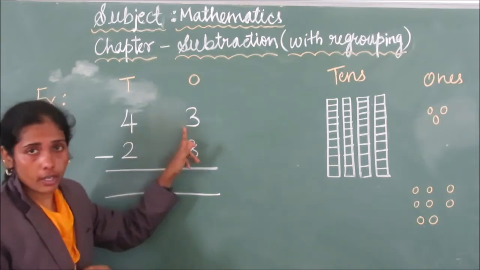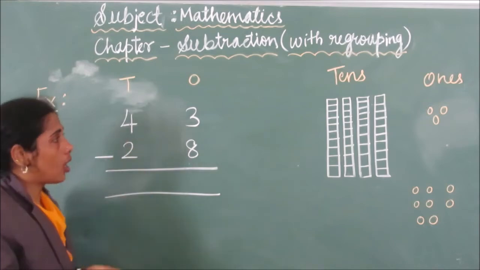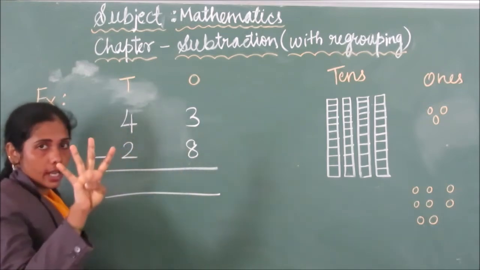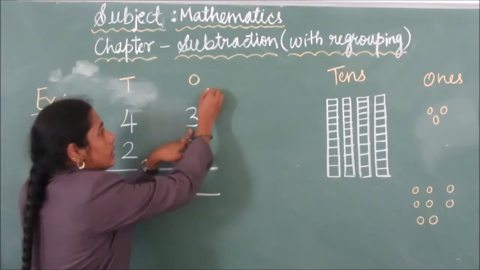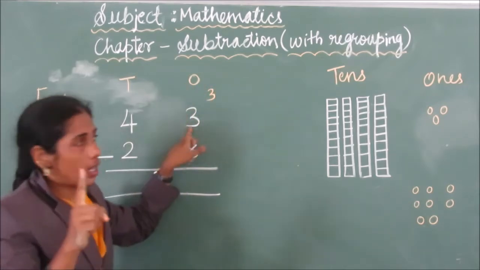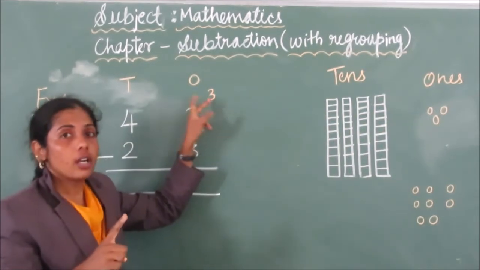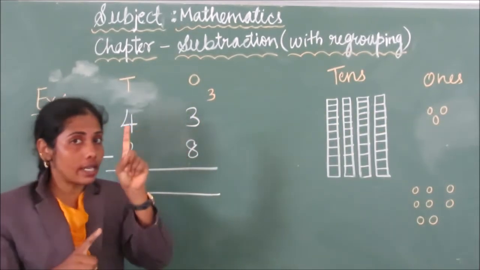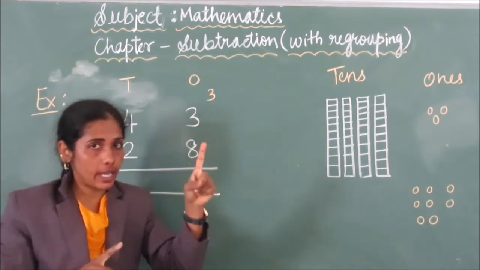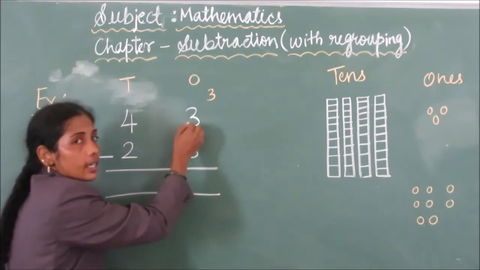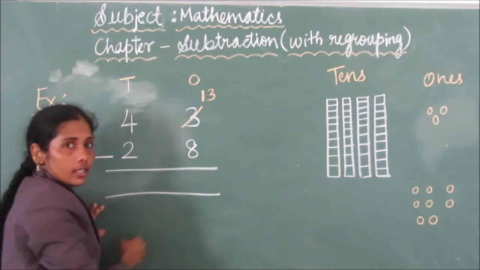Now the smaller number will take help from the tens place. How many tens? 4 tens. And we already have 3 ones. If the tens place gives 1 ten to the ones place, in that case the 3 will become 13.